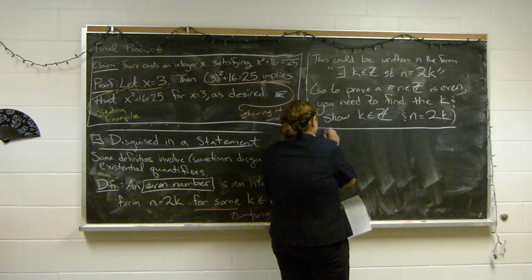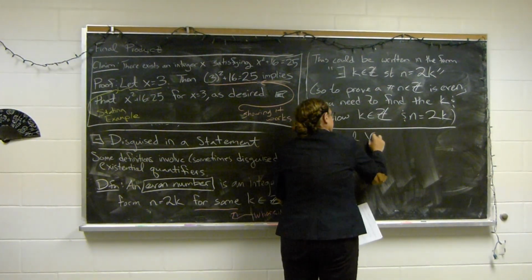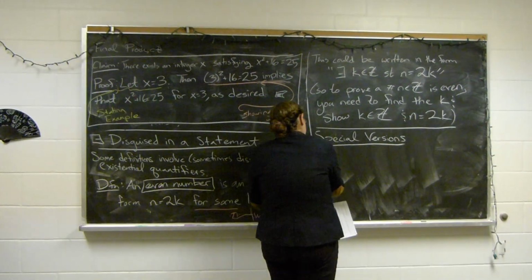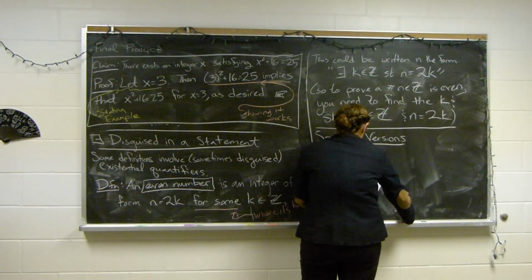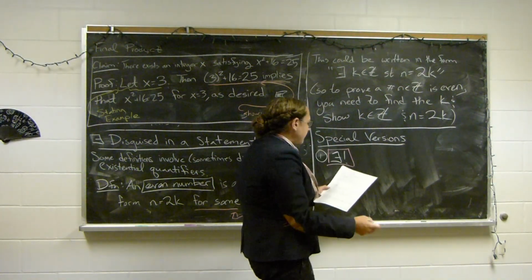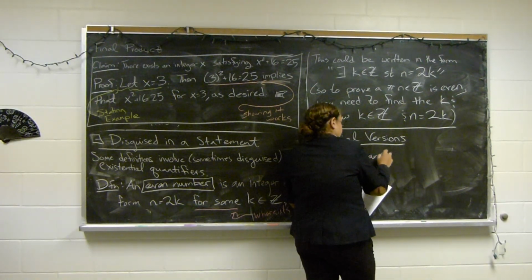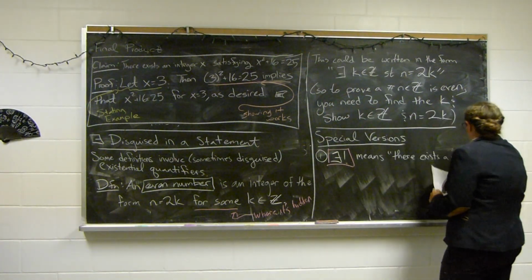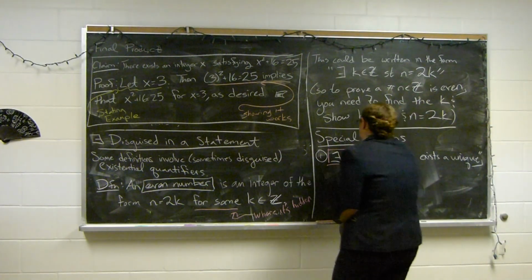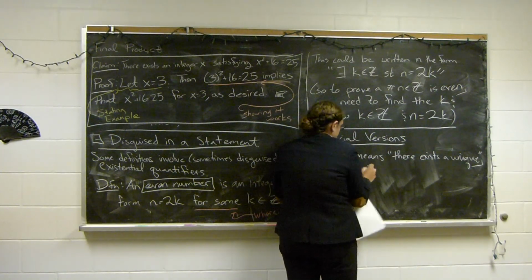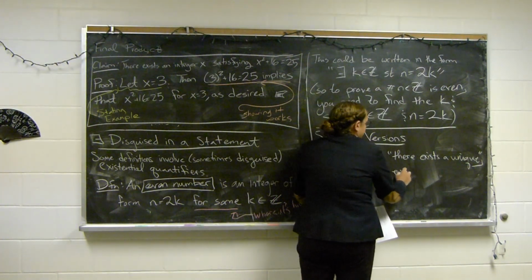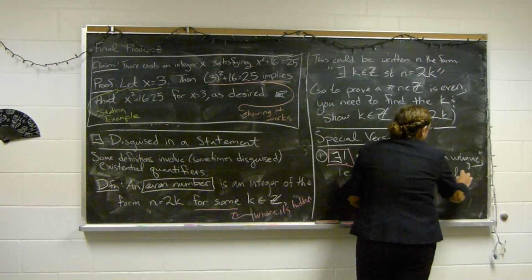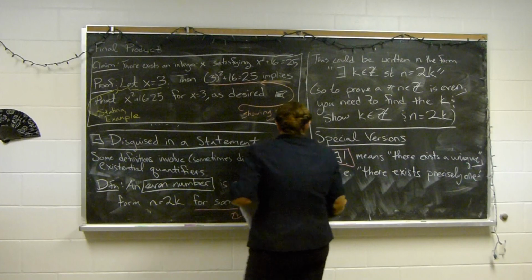Okay, so we also have some special versions of the existential quantifier. If I write it like this, this means there exists unique, in other words, there exists precisely one. So how would you prove that?